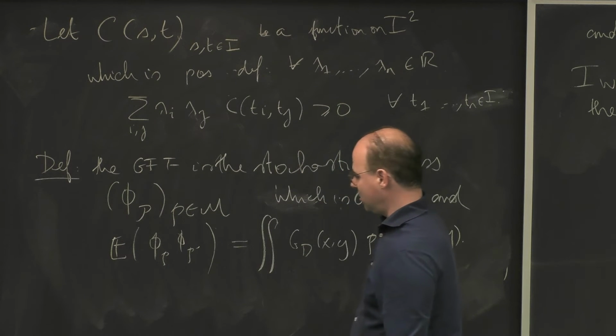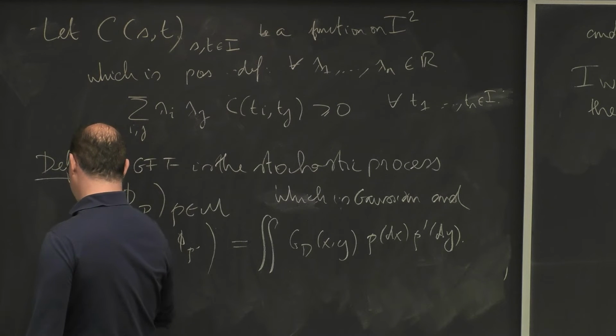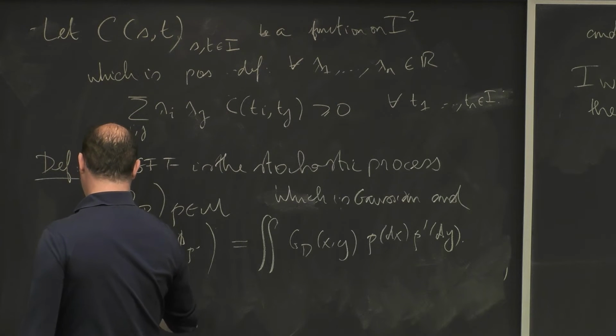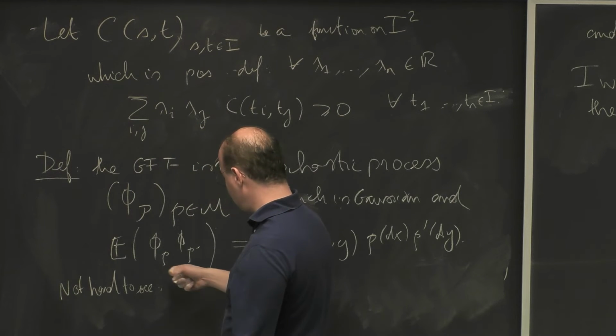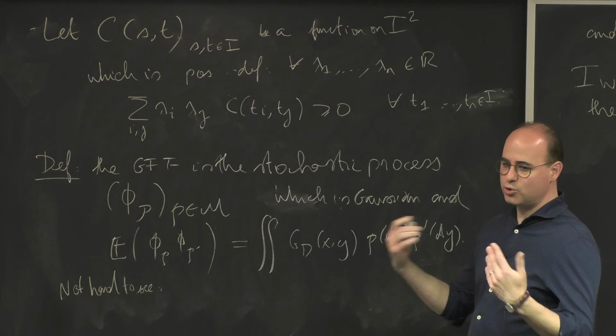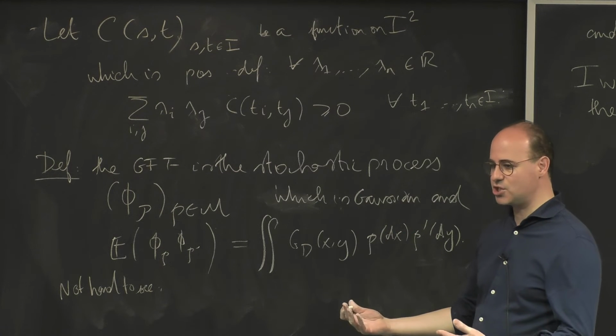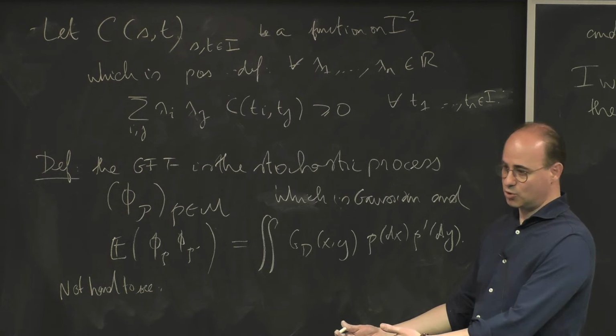One thing that's not hard to see is that this stochastic process indexed by rho almost surely satisfies the relation that I would need for it to be linear in rho.